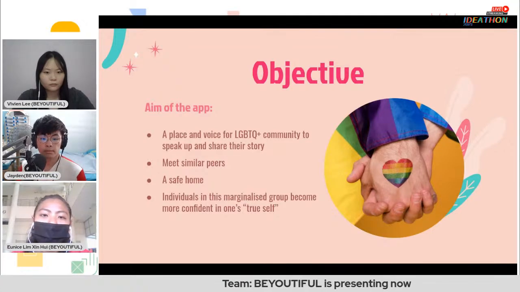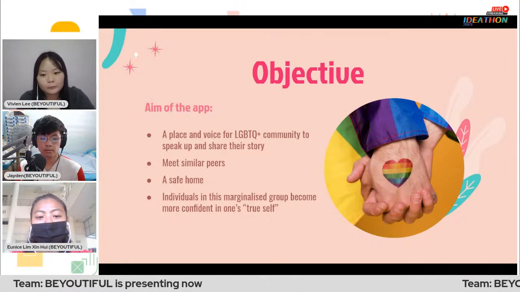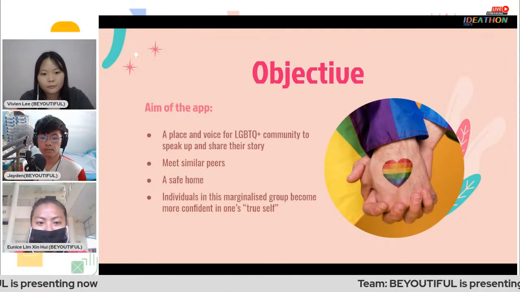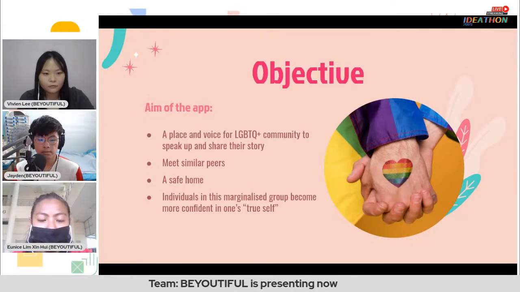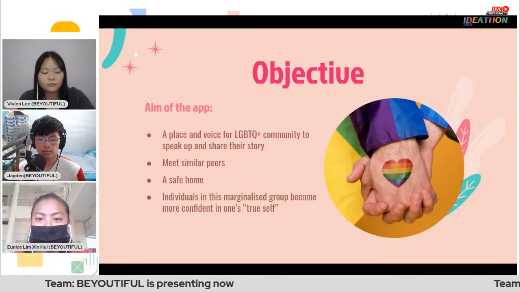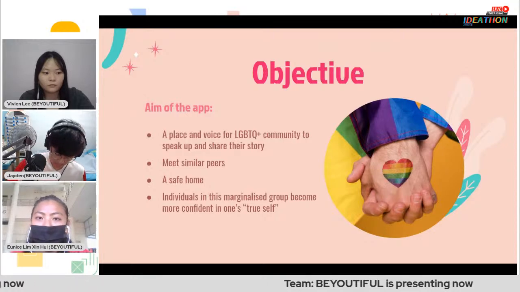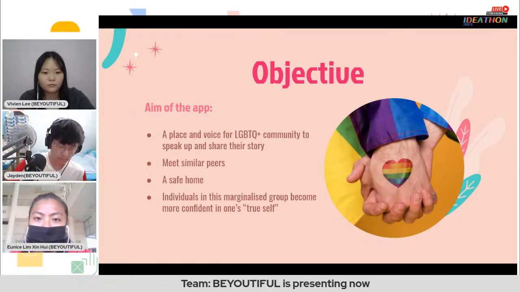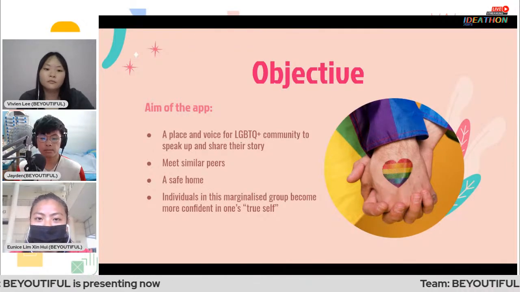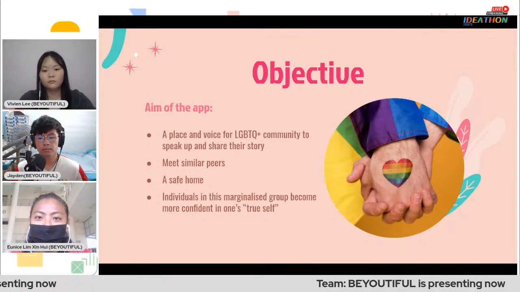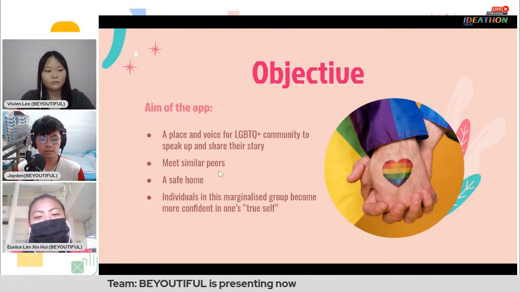We have four sub-aims for this application. Firstly, we want to give a place and voice for the LGBTQ community to speak up and share their story. This is to inspire and help our target audience during their coming out stage. Secondly, we want them to meet similar peers of the same gender orientation. This is to know that they are not alone.